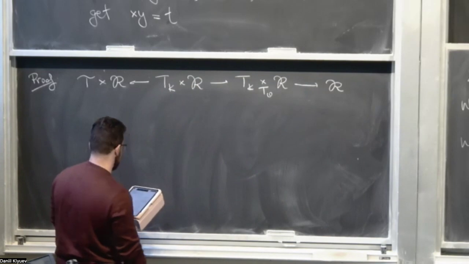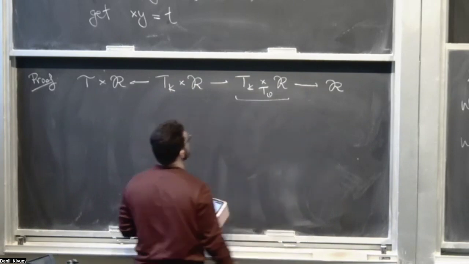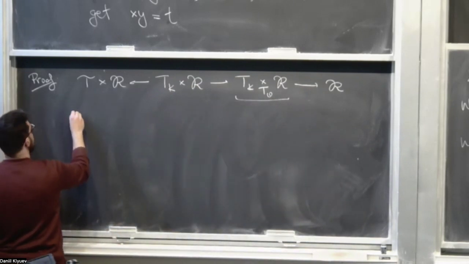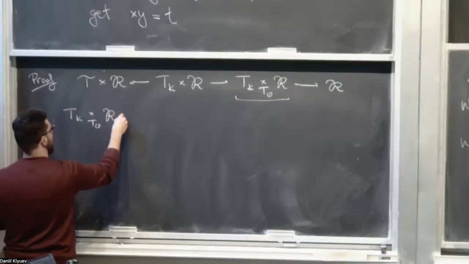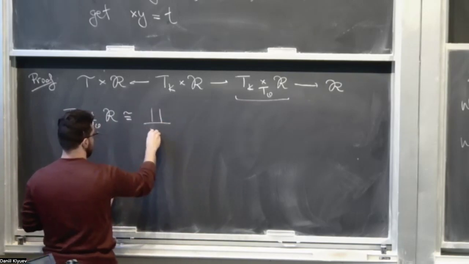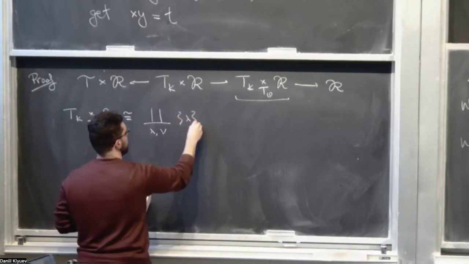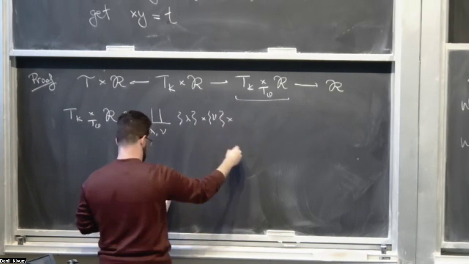So identify this piece in terms of the decomposition that I told you before. This is a union over pairs of cocharacters of lambdas.